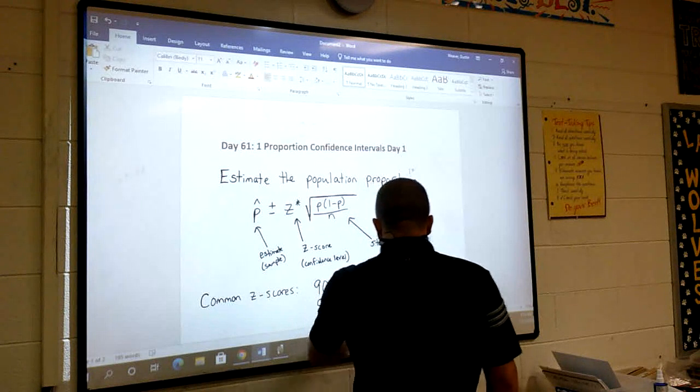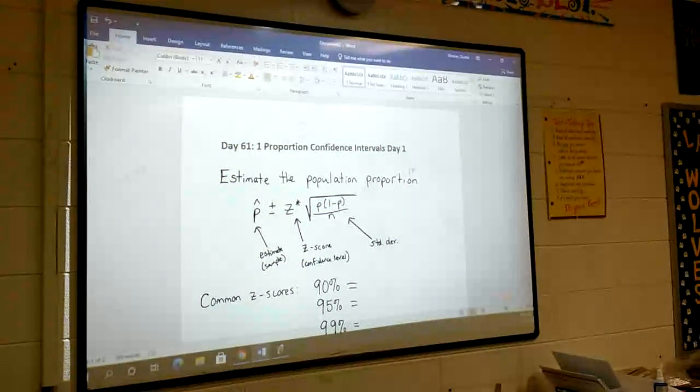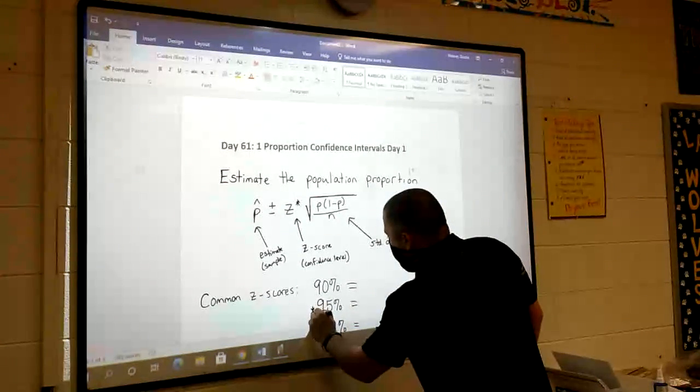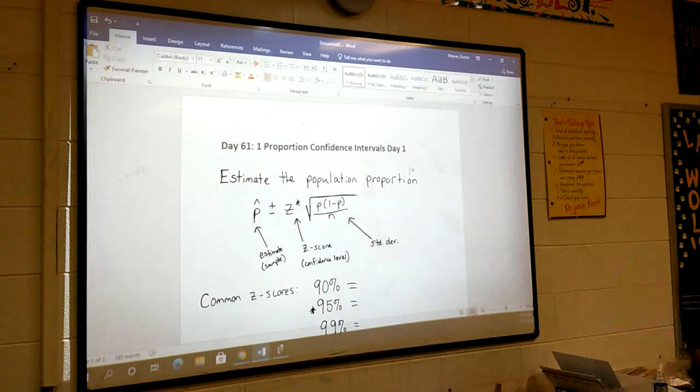Those are the ones that your book usually uses. If your book doesn't say 90, 95, or 99, by default it's automatically going to be 95. If for some reason the problem doesn't say how confident to be, 95% is the default, right? That's what it's going to be.